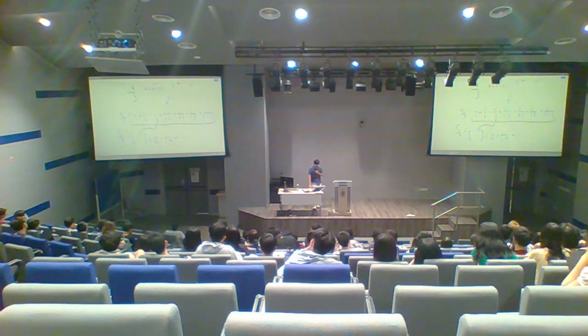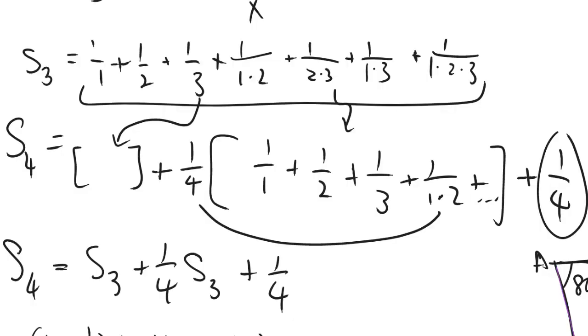In fact, if I factor out the 1 over 4, what's left is just the one on top: 1 over 1 plus 1 over 2 plus 1 over 3 plus 1 over 1 times 2. This will correspond to the 1 and 4 set, the 2 and 4 set, and the 1, 2, and 4 set. So whatever's in this bracket is just S3 again, except one term: the set 4 itself.